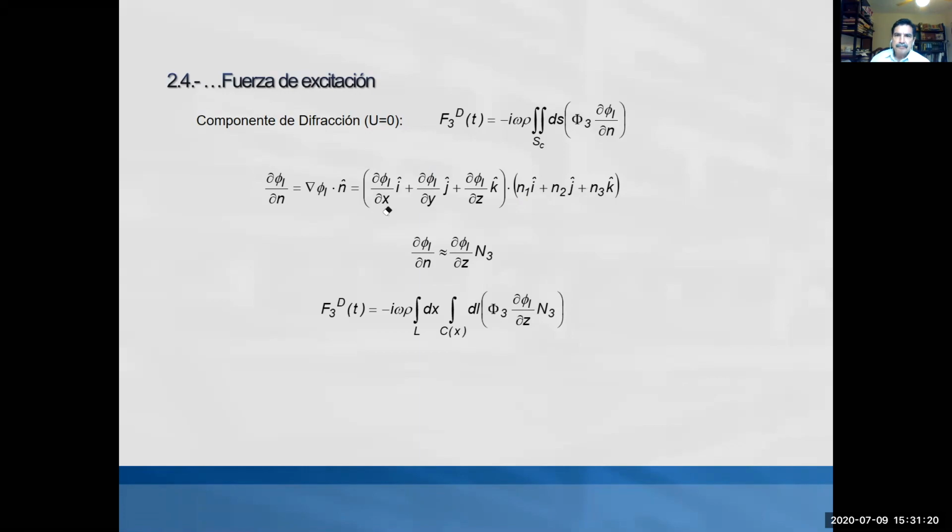Now we can replace. Instead of this, we can put this. And now we can go on, because d phi dz is something that we know. So here we have z. So we can differentiate this with respect to z. That will give us a k up here, and the rest will be the same. We have to be very careful because we have a lot of terms here.